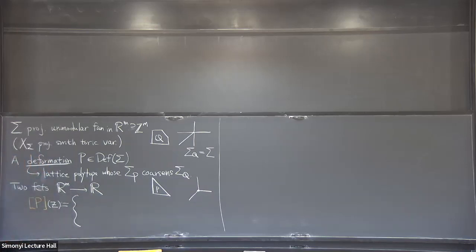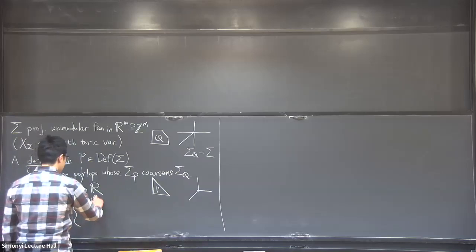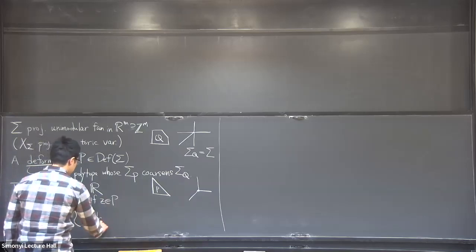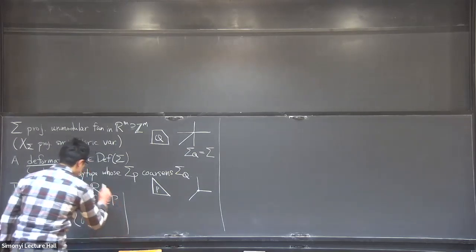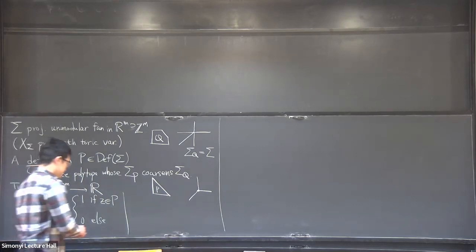It is, as the term says, the indicator function. So 1 if the point is in the polytope, 0 otherwise. So that's one function one can define as soon as I have any polytope really, it doesn't even have to be a deformation.